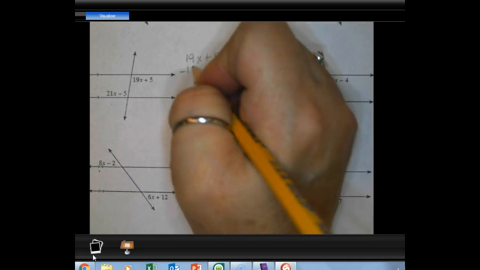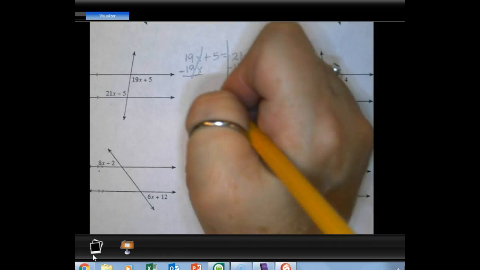Can I solve this equation then? Okay, so I'm going to do some adding and some dividing, right? I'm going to move first my variable. Which one's lighter, 19 or 21? 19. So I'm going to subtract 19x on this side and subtract 19x on this side.